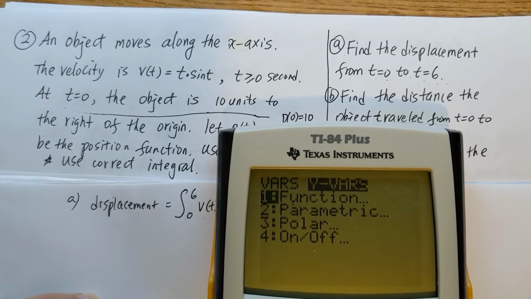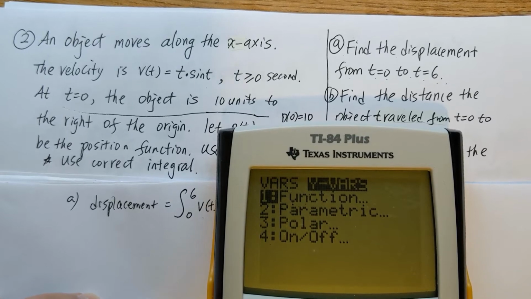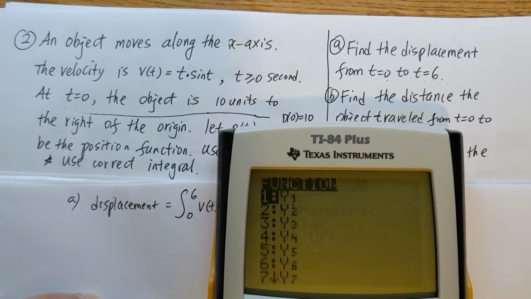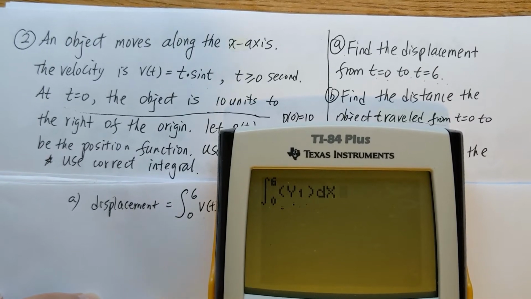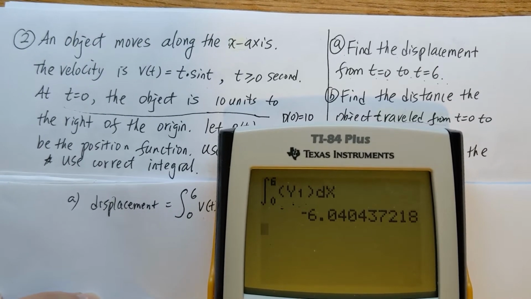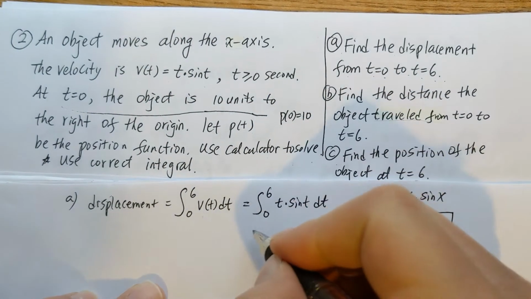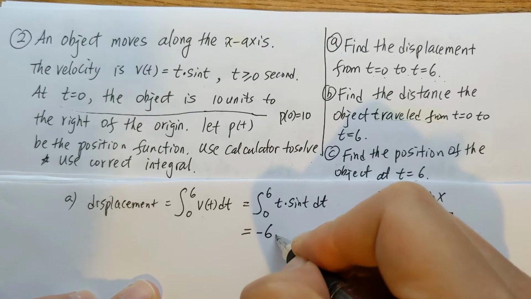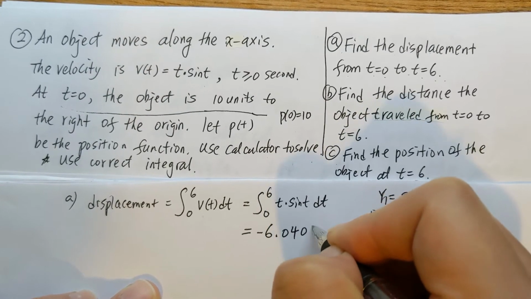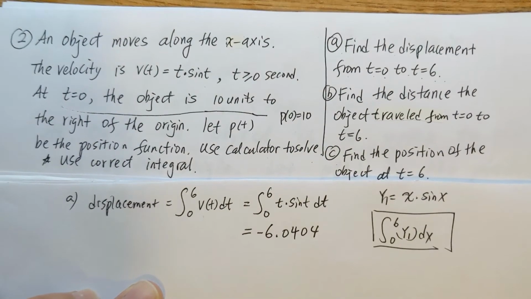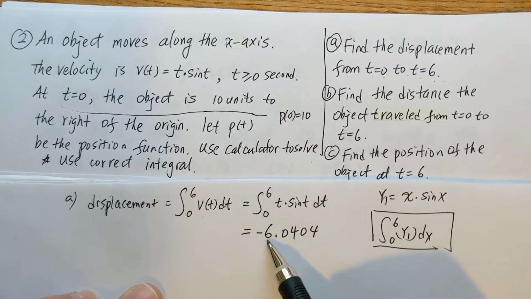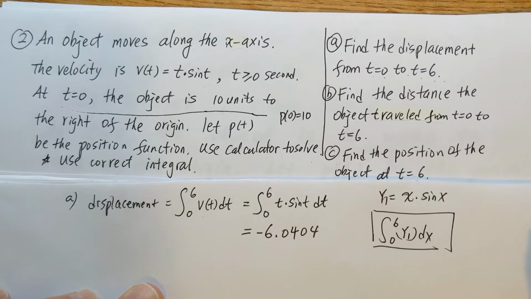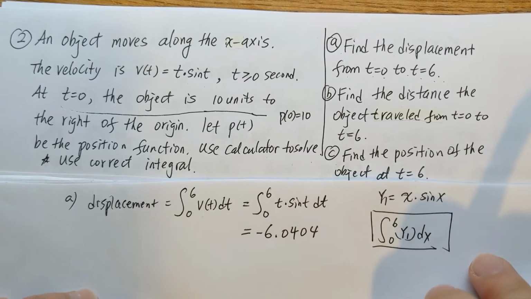And we go to find our y1 and then dx. So now we got negative 6.0404. So we go back over here, we write negative 6.0404. So our displacement from 0 to 6 is going to be negative 6.0404. So we finished question part A.